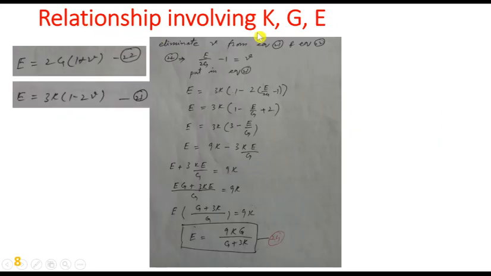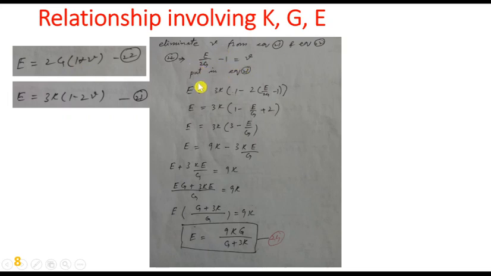And for the relationship involving K, G and E, eliminate Poisson's ratio mu from equations 21 and 22. From 22, E is equal to 2G into 1 plus mu. From here get the value of mu, that will be E over 2G minus 1.